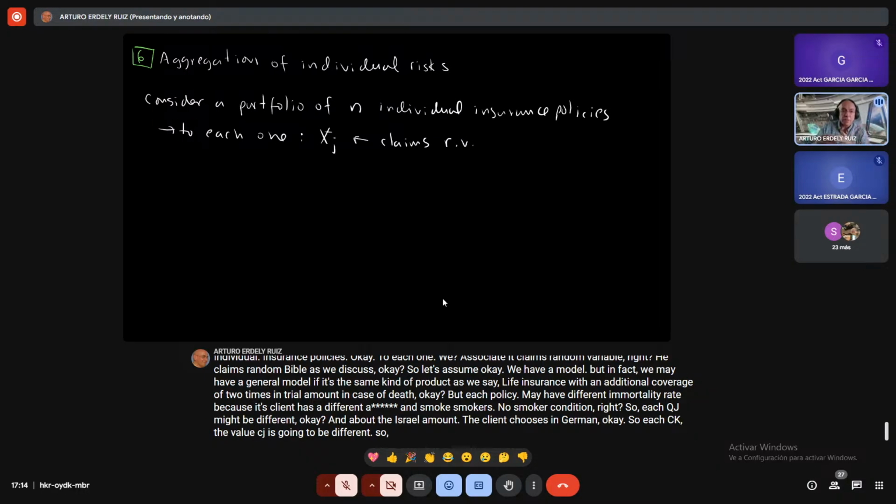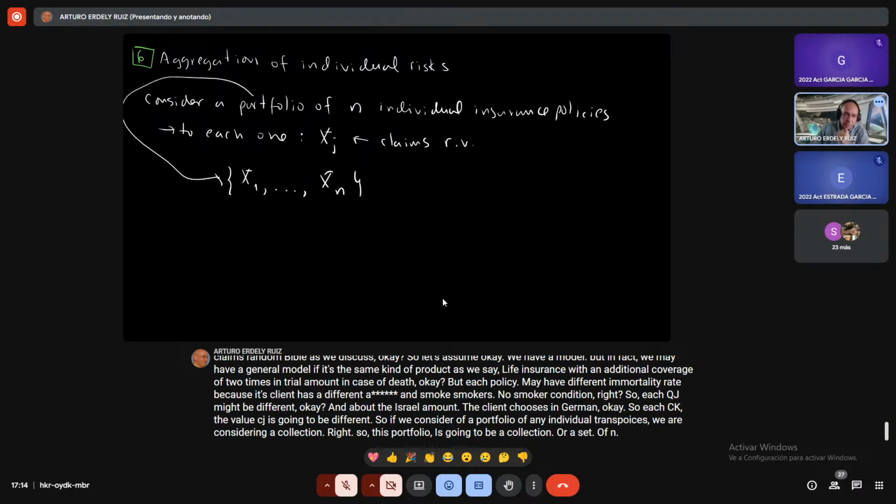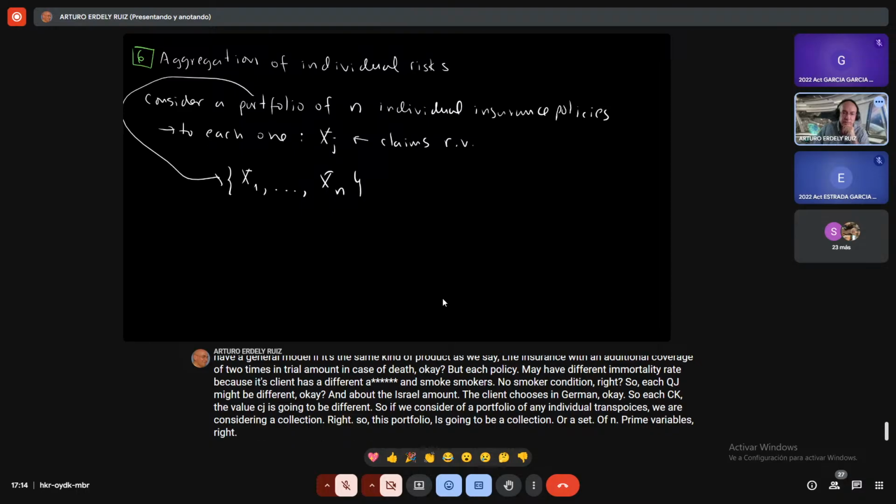So if we consider a portfolio of n individual insurance policies, we are considering a collection, right? So this portfolio is going to be a collection or a set of n random variables, right?